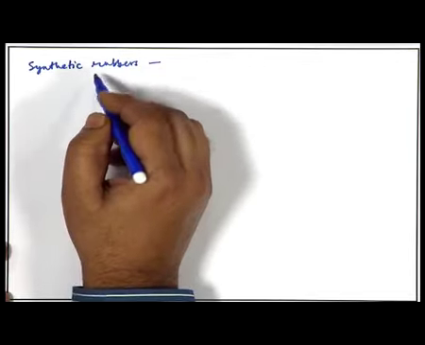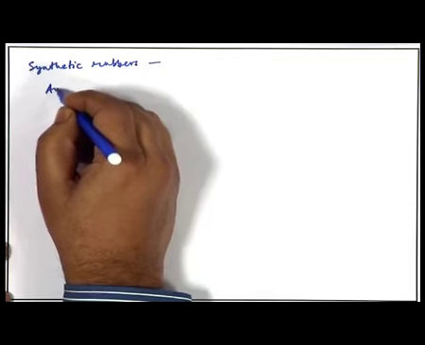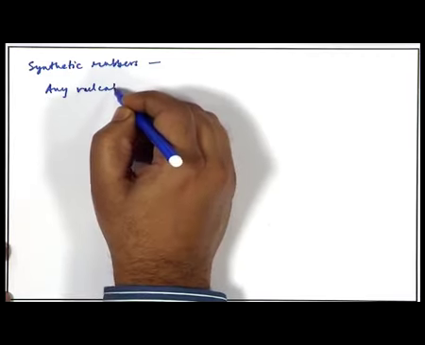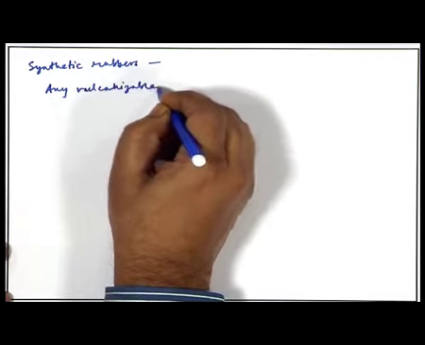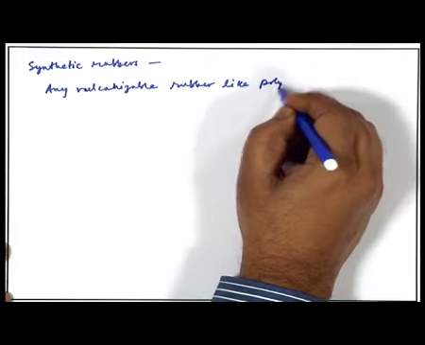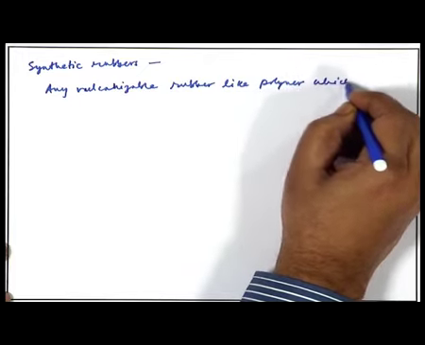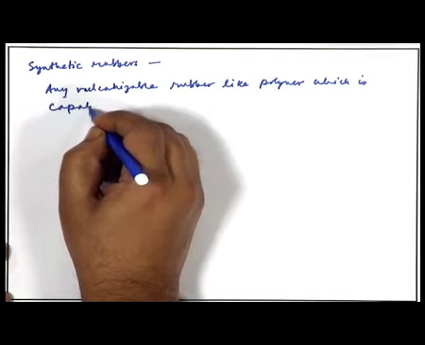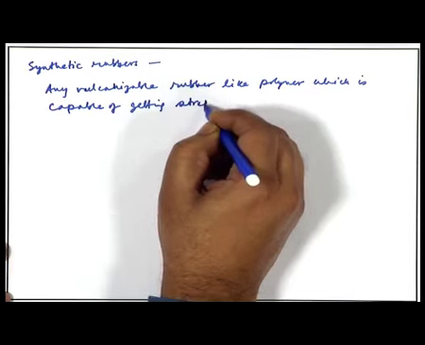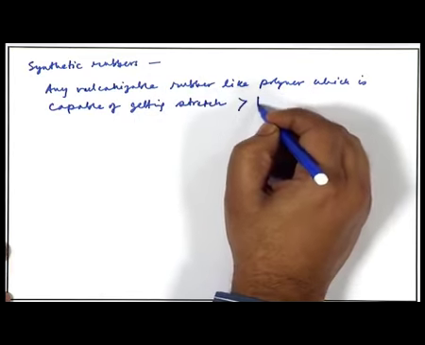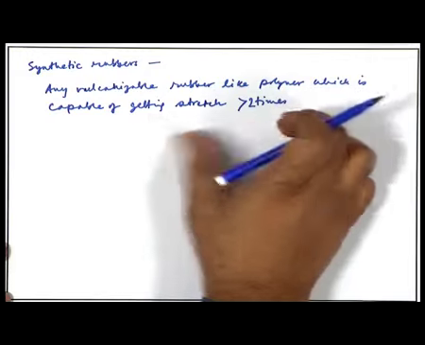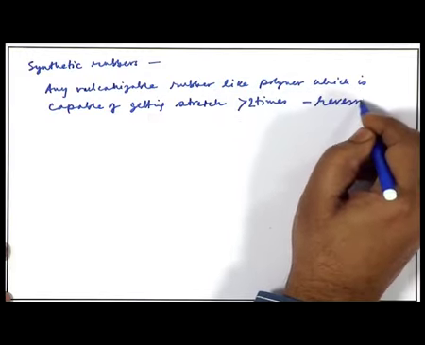Synthetic rubbers are basically any vulcanizable rubber-like polymer which is capable of getting stretched at least two times its original length, and this stretching is reversible. So, it should come back when you release the stretching.